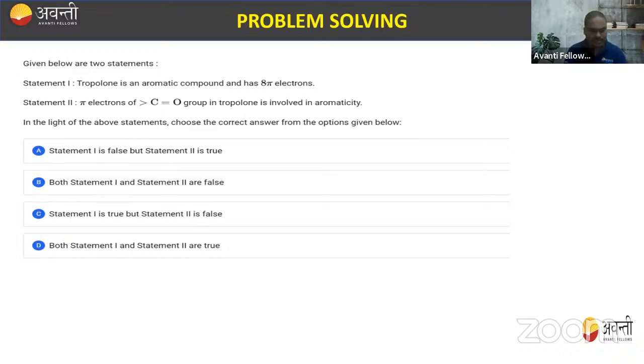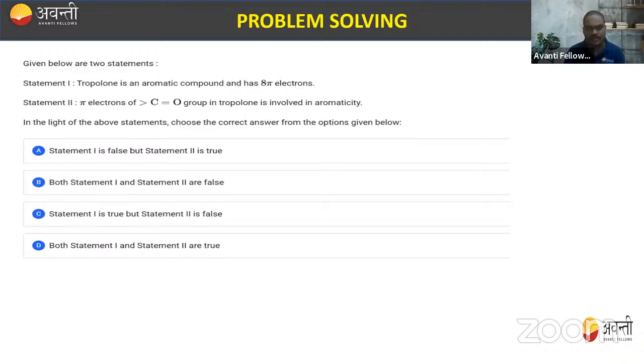First, remember one thing: tropone is an aromatic compound. It contains a 7-member ring with 6 carbon atoms and 1 oxygen atom, and the oxygen atom is doubly bonded to one of the carbon atoms, forming a carbonyl group.